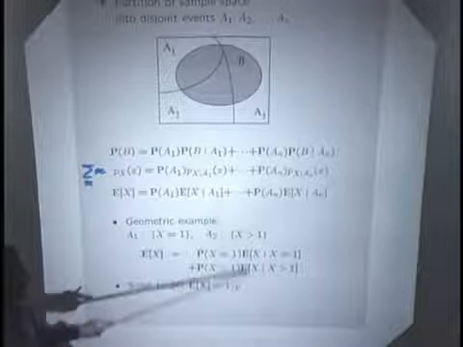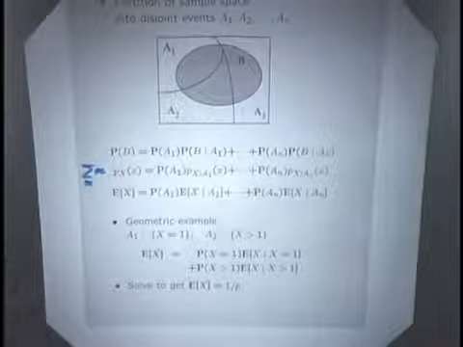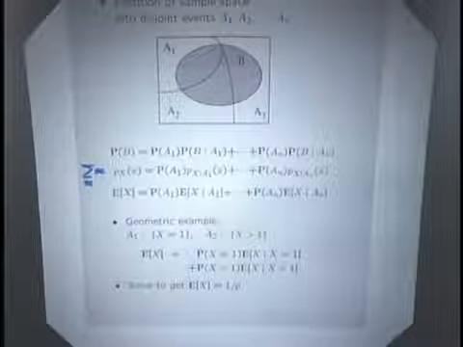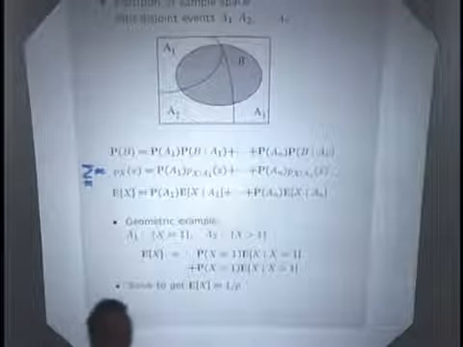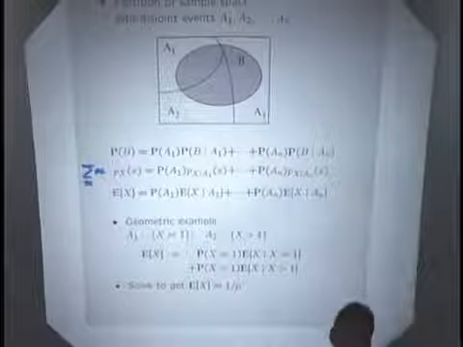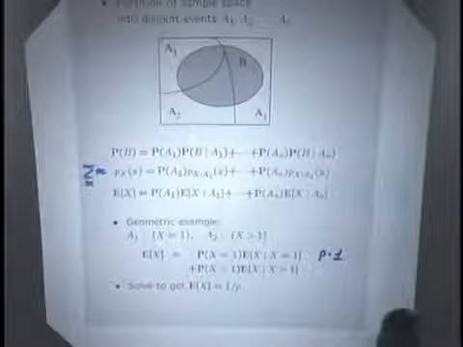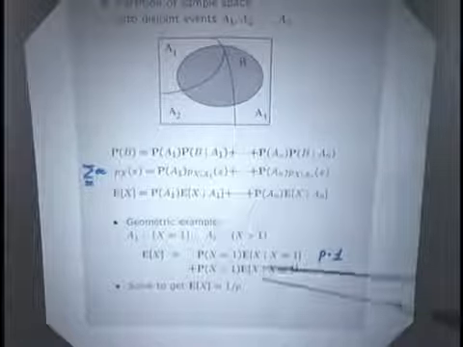What is the expected value of x given that x is equal to 1? If x is known to be equal to 1, then x becomes just a number, and the expected value of a number is the number itself. So this first line here is the probability of heads in the first toss times the number 1. How about the other case? The probability that x is bigger than 1 is 1 minus p.